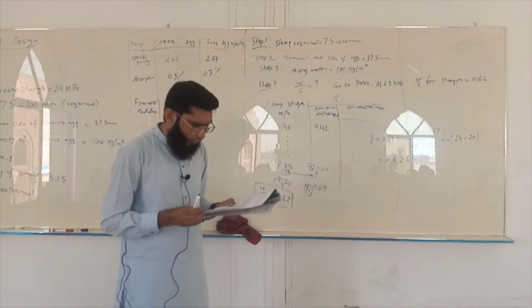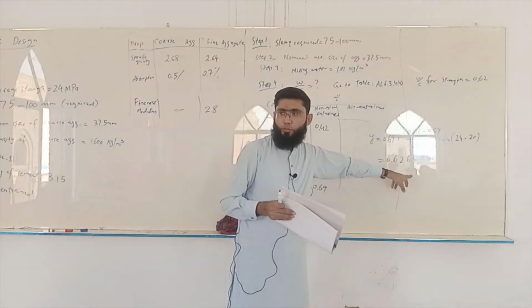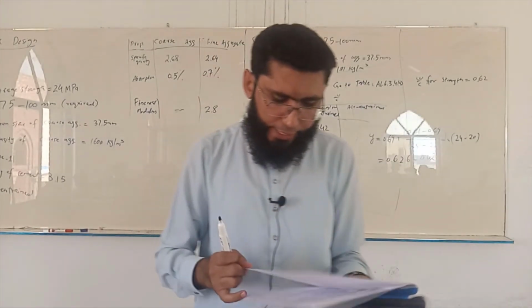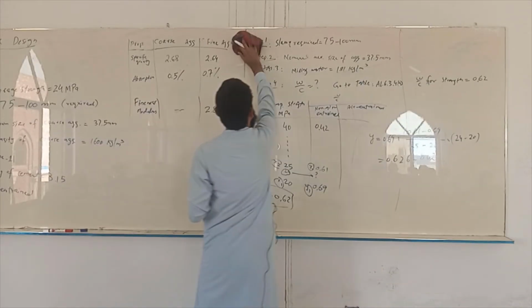Okay, so we're going to see if there's any more strict requirement on water cement ratio for durability. So let's go to the table. I hope now I can remove this one.